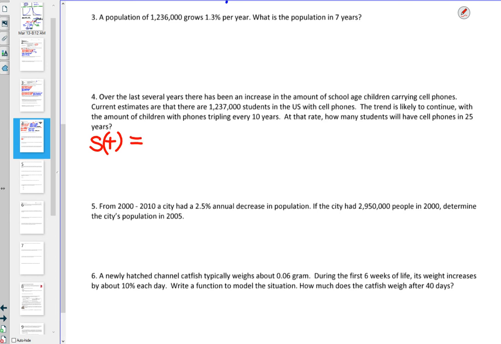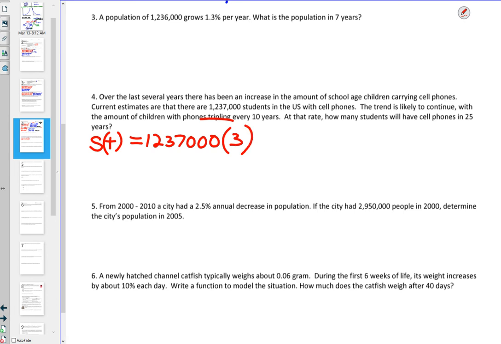That's going to equal the initial amount, which is 1237, 3 zeros, times. Instead of 1 plus anything, they actually just give you the growth factor. What's the growth factor here? A little sneaky. Yeah, it triples. It's the 3.